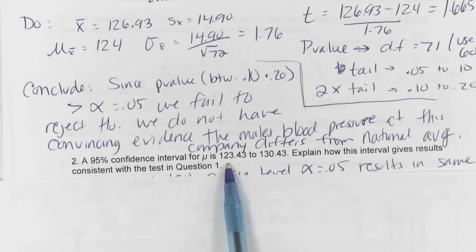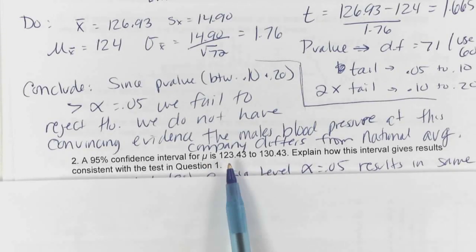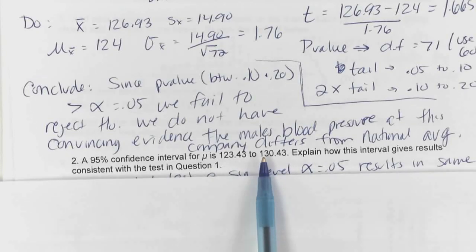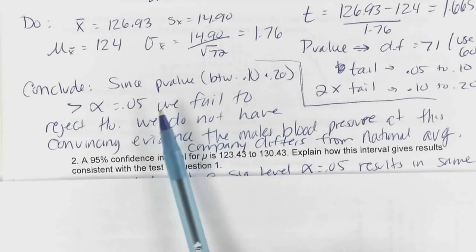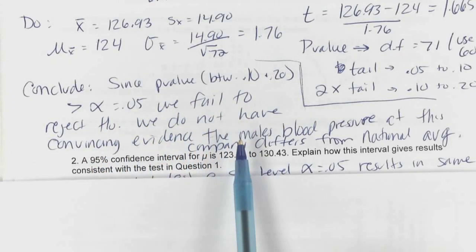So this would tell us that we are 95% confident that the true average blood pressure for males at this company in that age group is between 123.43 and 130.43. Now, let's think about how this compares to our results from the question above. Notice how we failed to reject the null.